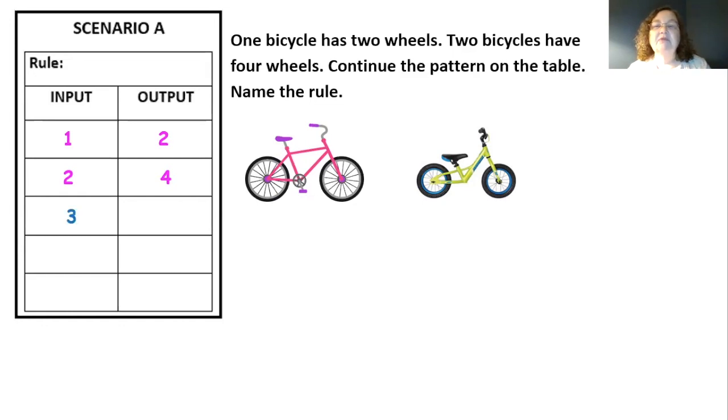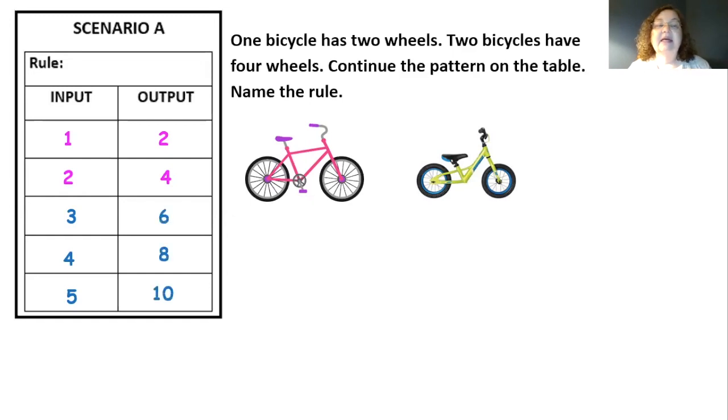So how many would be for 3? Or 4? Or 5? So take a second and figure out how many wheels would be in 3 bikes, how many wheels would be in 4 bikes, and how many wheels would be in 5 bikes. Okay, let's check. 3 would have 6 wheels.